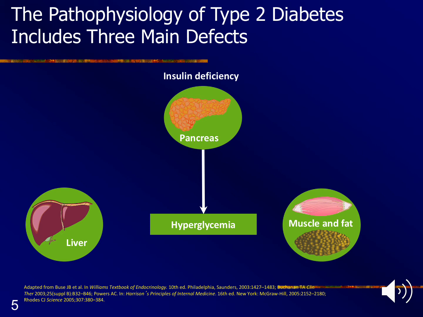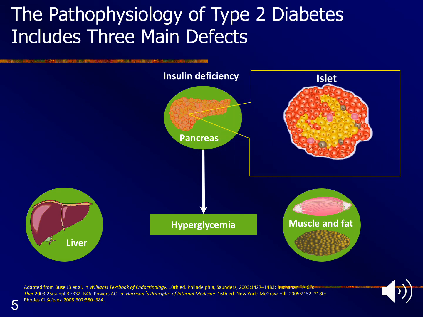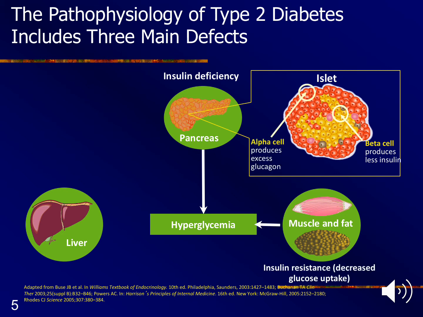One of the main problems is in the islet cells of the pancreas, and there are two main islet cells: the beta cell, which is mainly affected by diabetes, where the beta cell produces less insulin. There's also a problem in the alpha cell of the pancreas that, on the other hand, produces excess glucagon, while the beta cell degenerates and dies off through the process of apoptosis.